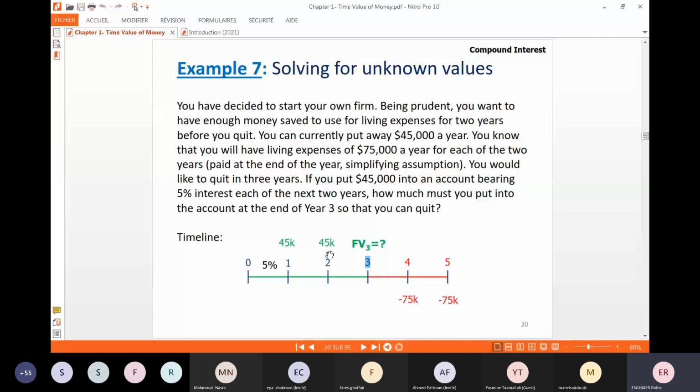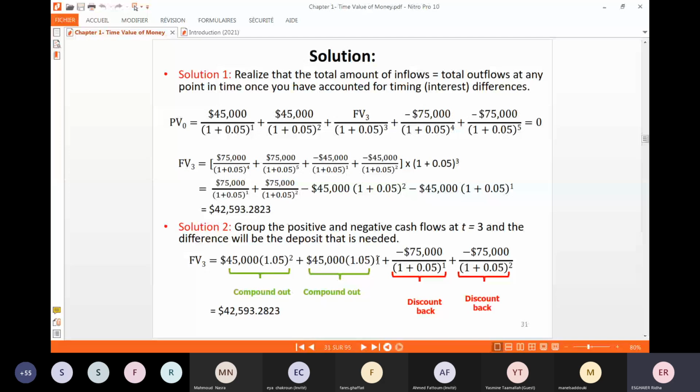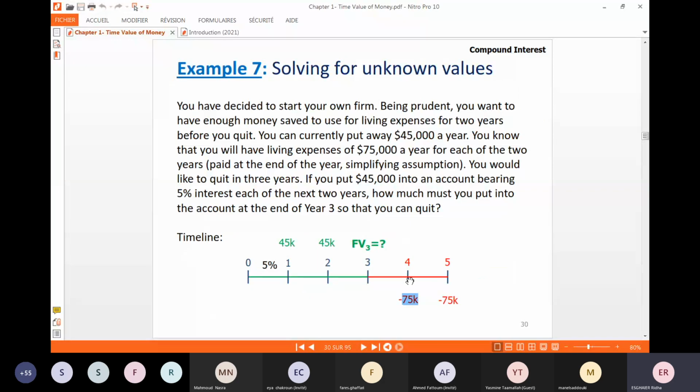The second 45 from the date 2 to the date 3 will become 45 times 1 plus 5% power 3 minus 2, 1 year, 1 additional year of compounding, power 1. Then the minus 75,000 discounted from the year 4 to the year 3, we have 1 year of discounting.